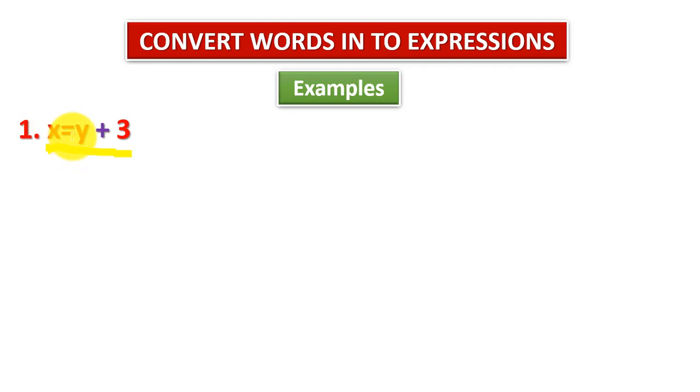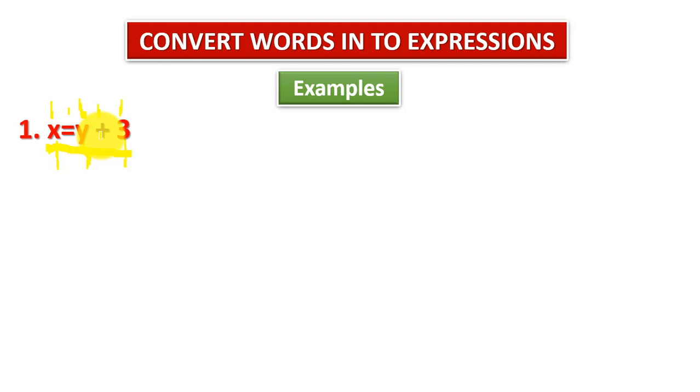Once check here, how many letters and how many symbols are there? X is one symbol, an alphabet. Y is an alphabet. 3 is a constant. And the symbols are equal to and plus. Total 5 entities are here.